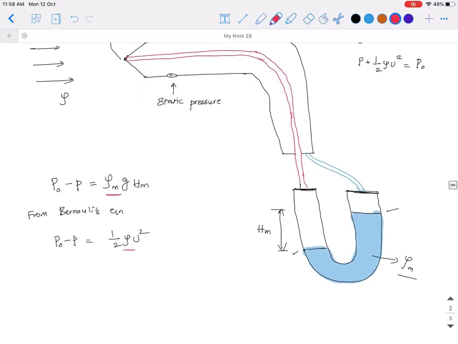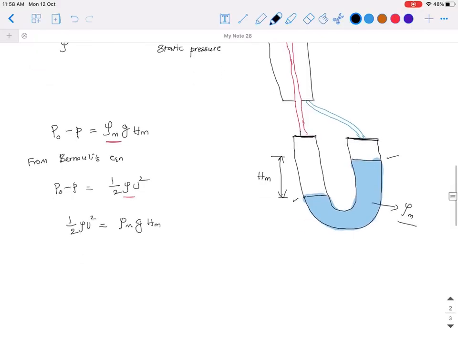So from the above equations we can write half rho u square is rho m g hm. From here you can write the velocity of the fluid is the square root of 2 rho m g hm by rho.